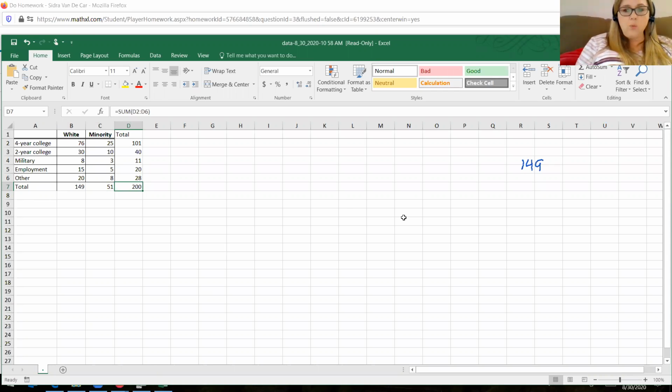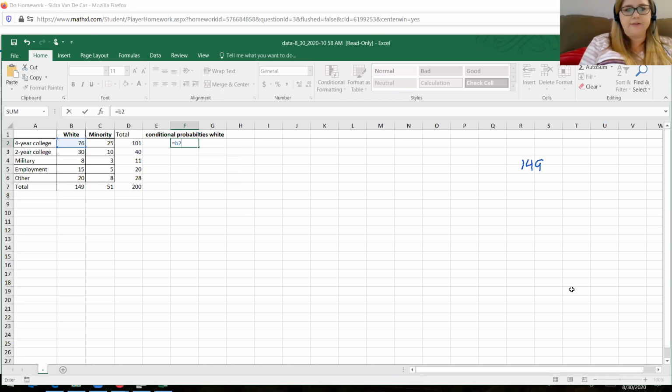All right, now I wanted the conditional probabilities of the white students. So that means that I want to know what percentage of white students did each item. So right here, I'll just do conditional probabilities. And so I can take 76, and so that's B2, and divide by the total.